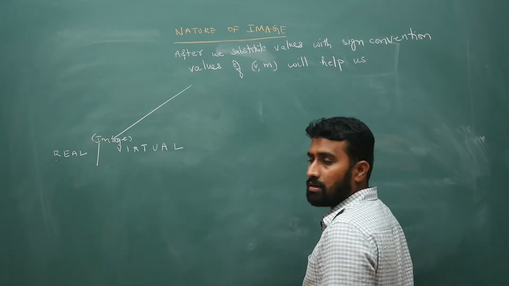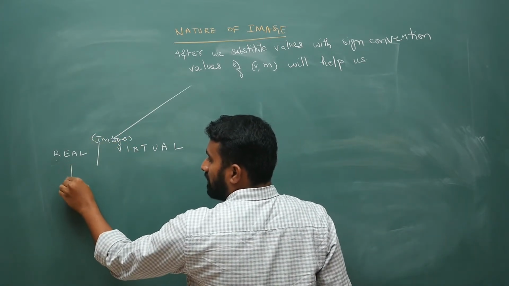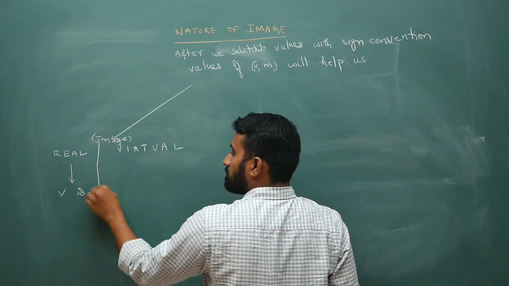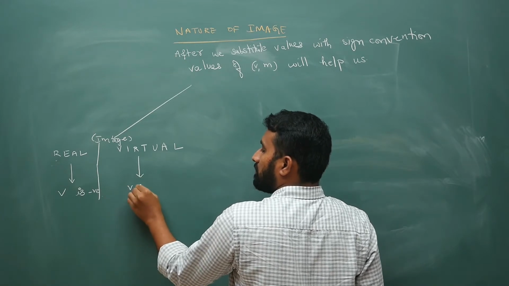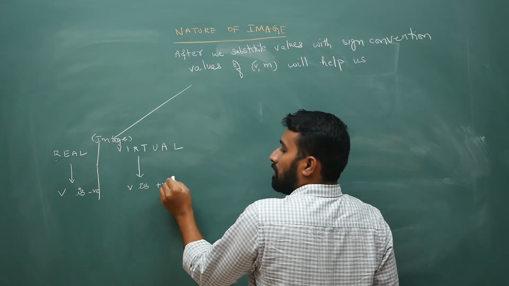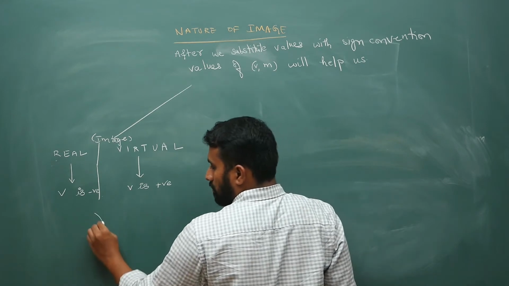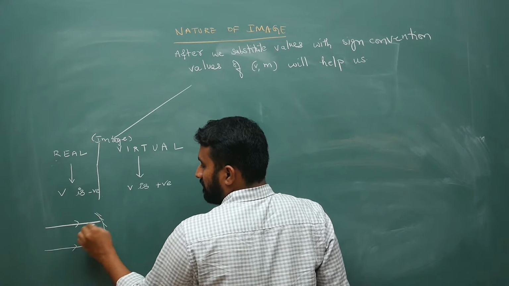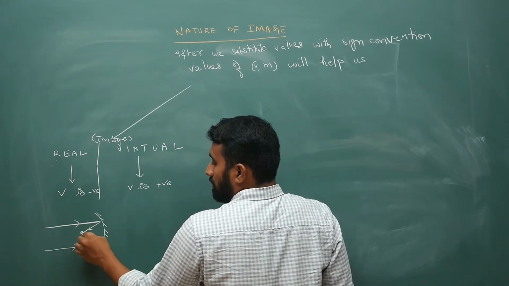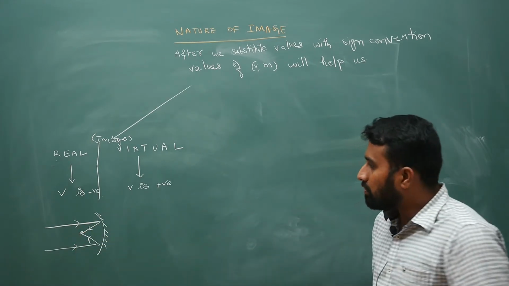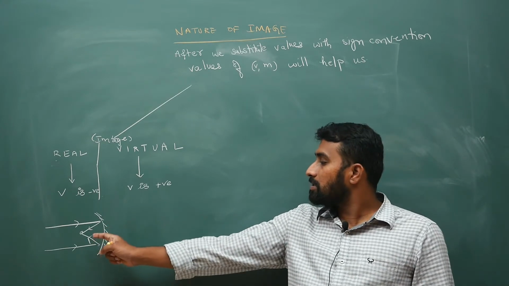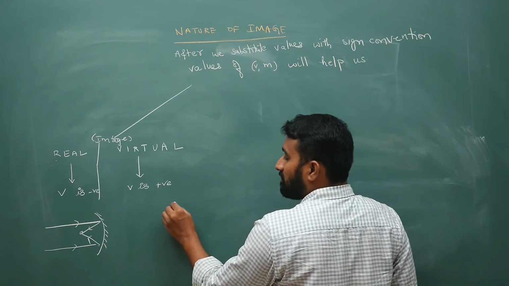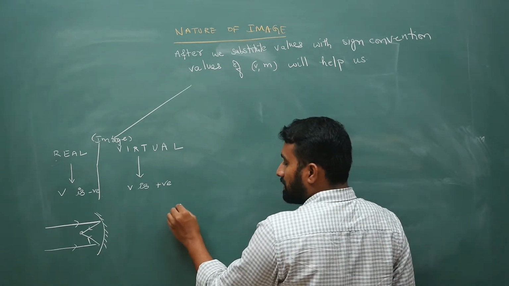Whether it is real or virtual means, for real image V is negative, for virtual image V is positive. V is negative means rays after reflection from the mirror are meeting. So real rays after reflection, if they meet, you will get a real image. For virtual image, after reflection rays will diverge.